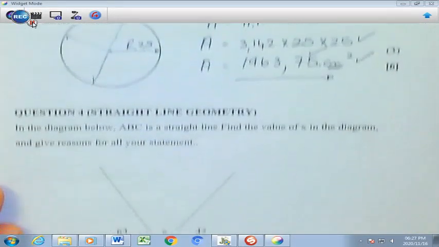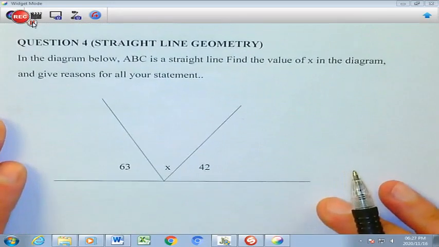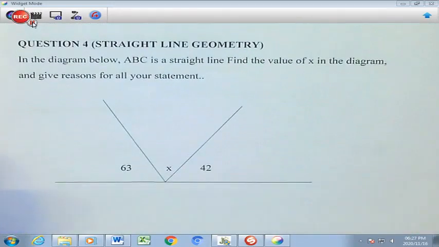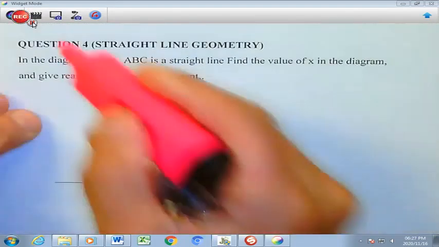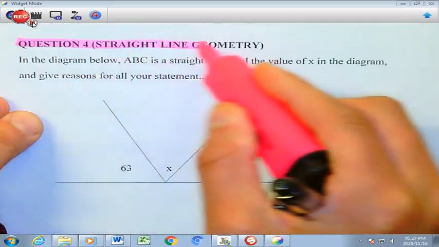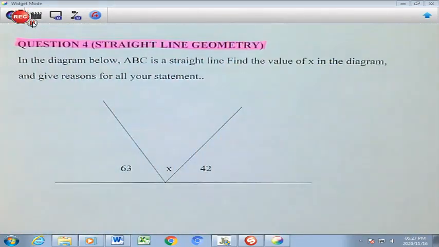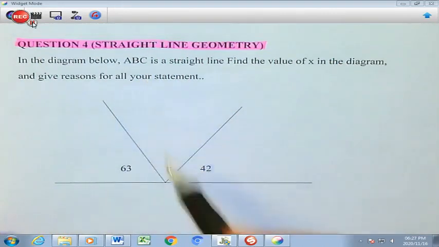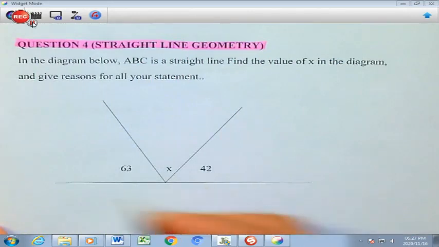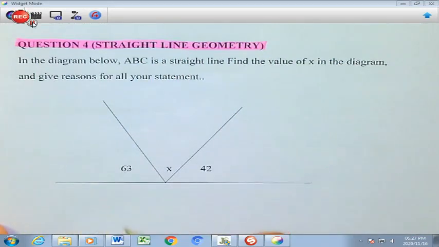We're moving on to question number 4, which is straight line geometry. Okay, I'm going to highlight mine because that's the focus area at this moment. You find the diagram here, and in the line diagram here below is A, B, C. Right?